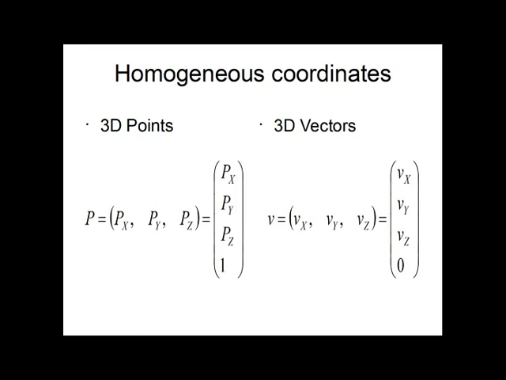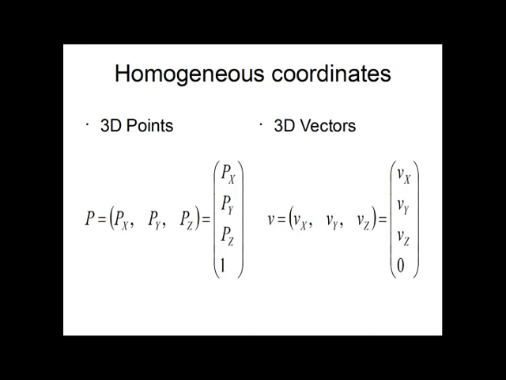Now we're actually going to make a real distinction between the two by saying, in order to use 4x4 transformation matrices to transform these points and vectors, we actually need a 4-row column matrix in order to do the calculation.